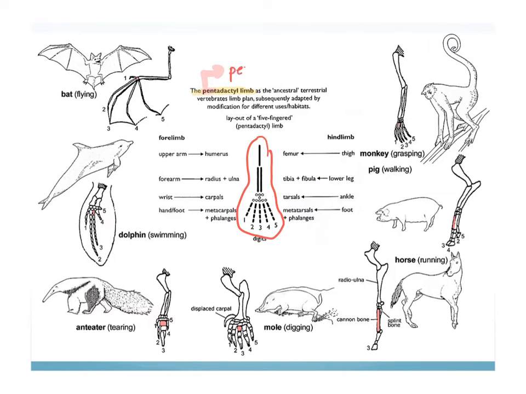Okay, so penta equals 5. And dactyl is what I think of when I think of these fingers here. So what you're seeing here is the upper arm, sorry, your upper arm, let me just fix this right here.